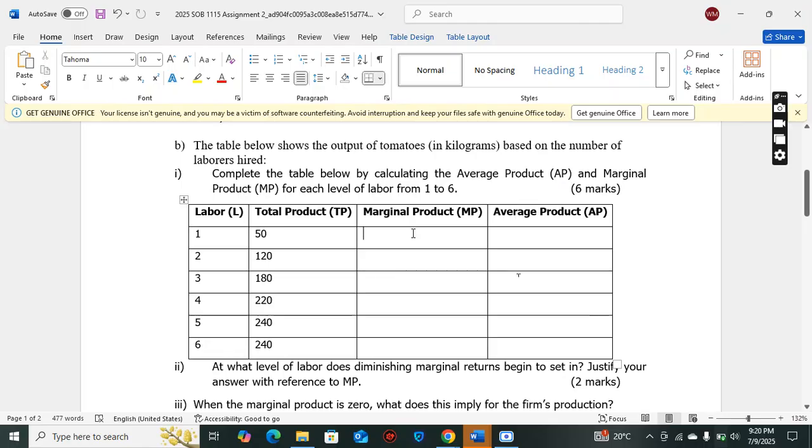All right, so we'll start with the marginal product. Since we don't have any output before 1, I believe it's a dash here. There's no marginal product because there's no output before 1. Any questions on that?